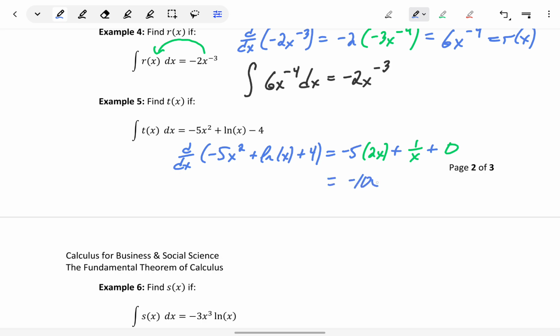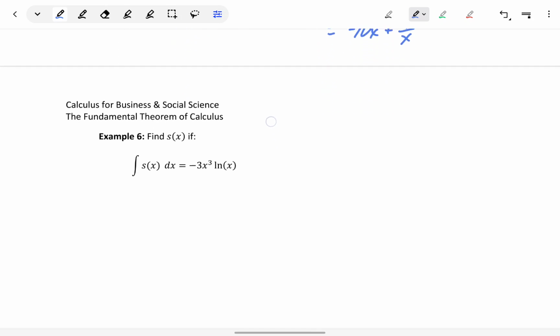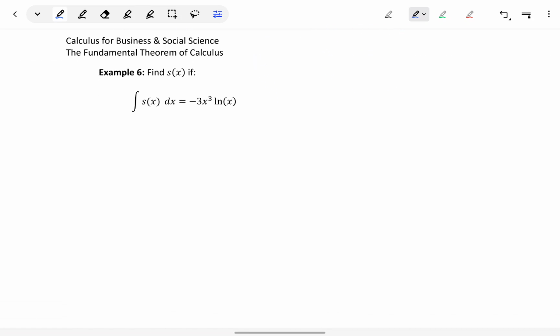So we would get negative 10x plus 1 over x. That is, the antiderivative of negative 10x plus 1 over x is negative 5x squared plus the natural log of x minus 4. And again, we'll get to working those problems in the right direction.